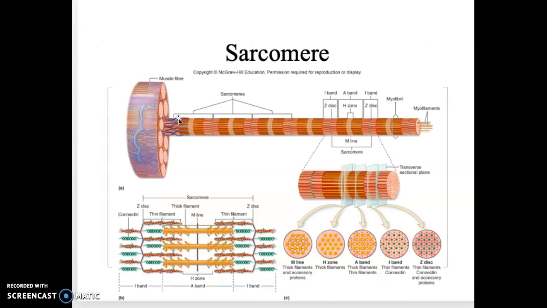So this is a sarcomere. You can see there are multiple. They go from a Z-line to a Z-line, these little zigzag parts, and then we have it blown up here so you can see this sarcomere. This is the smallest part of the muscle that can contract, and you can see it in a different cartoon here.